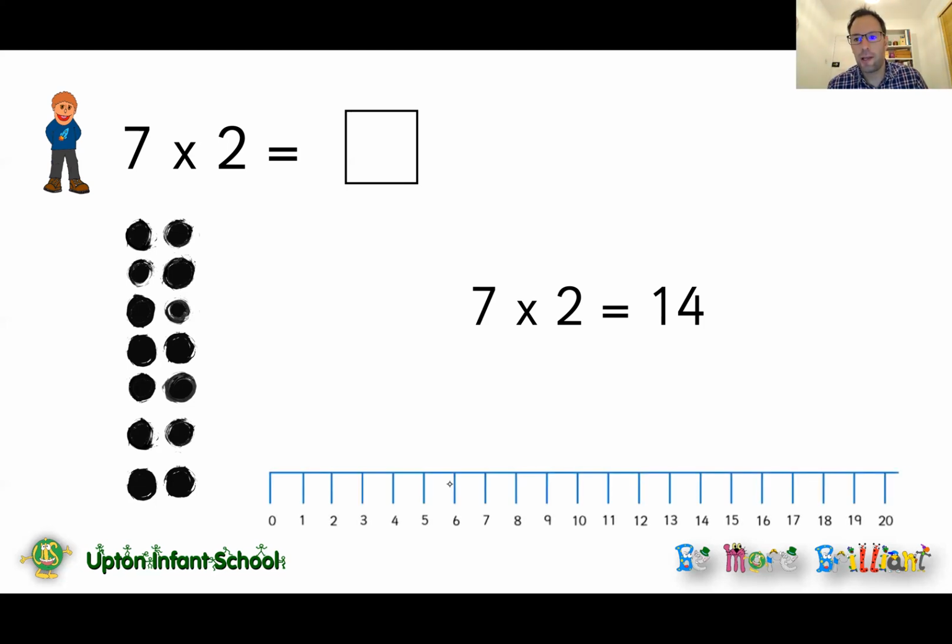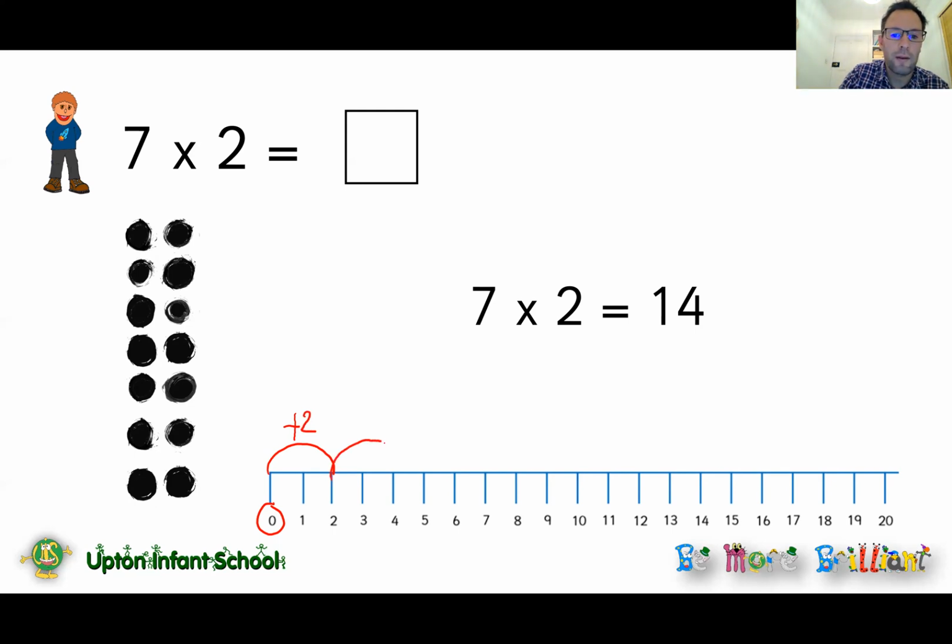Let's see what that looks like on our number line. So this time I'm going to show jumps of 2, groups of 2. So I'm going to start at 0, and there's my first jump of 2. Now remember, we're doing 7 jumps of 2 here.